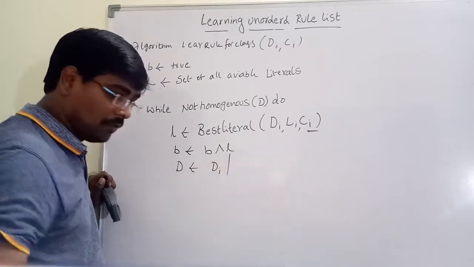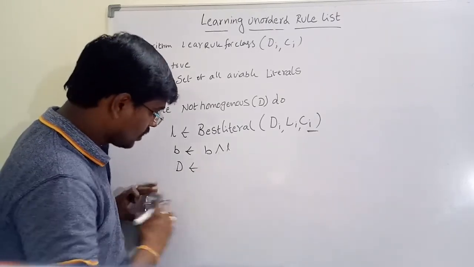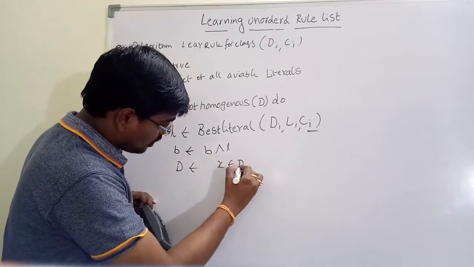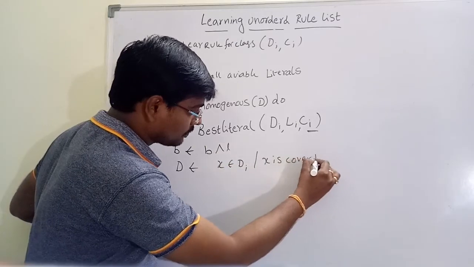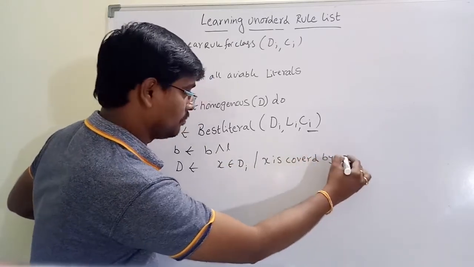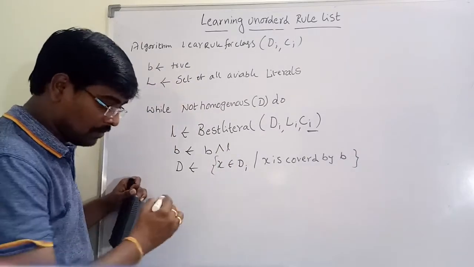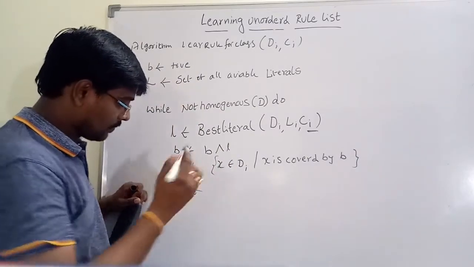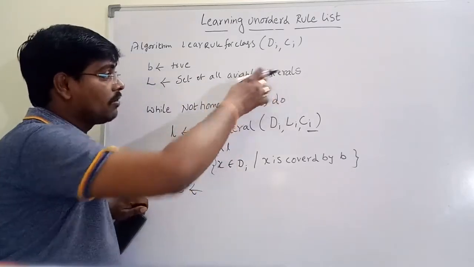Now D becomes the set of instances. Suppose D becomes Di, where x belongs to Di such that x is covered by B. And L becomes the set of available letters.